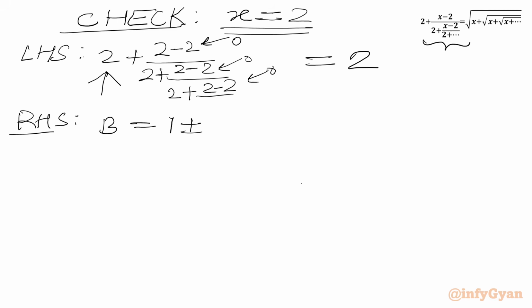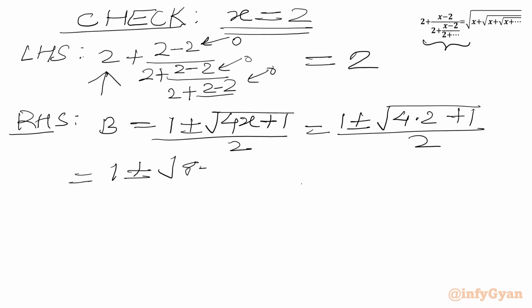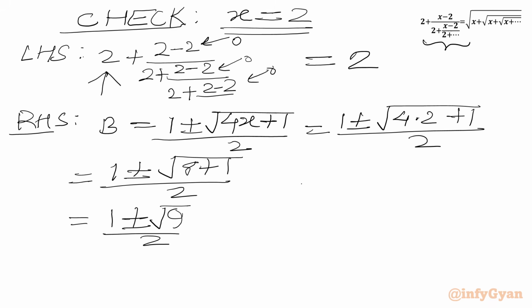Value is 1 plus minus square root of 4x plus 1 over 2 will be equal to 1 plus minus square root of 4 times 2 plus 1 over 2 will be equal to 1 plus minus square root of 8 plus 1 over 2 will be equal to 1 plus minus square root 9 over 2. Square root 9 is 3. We will get 1 plus minus 3 over 2.